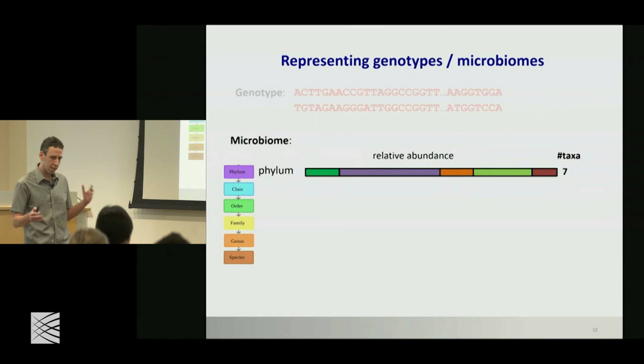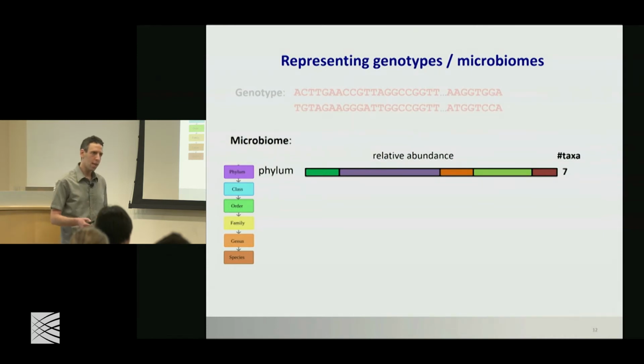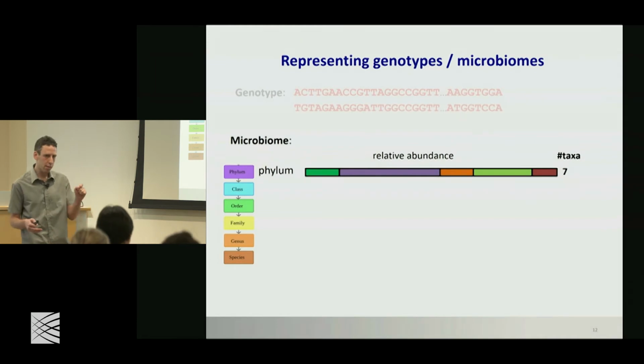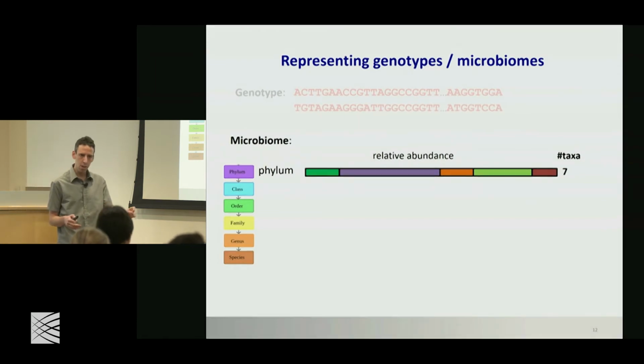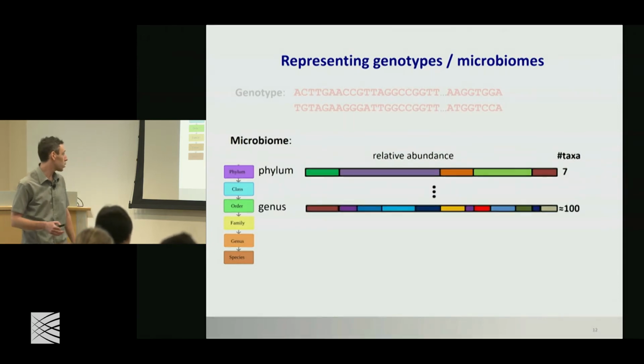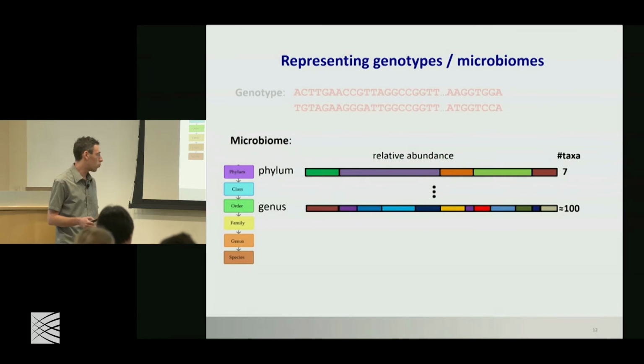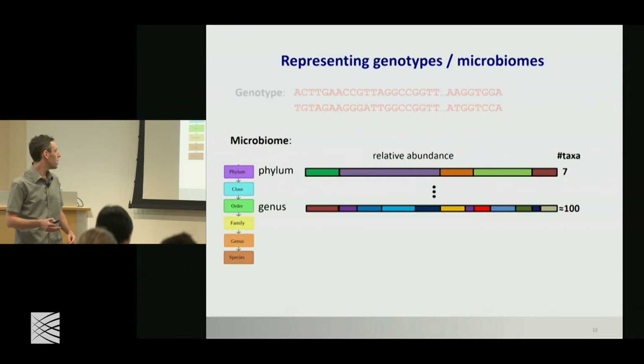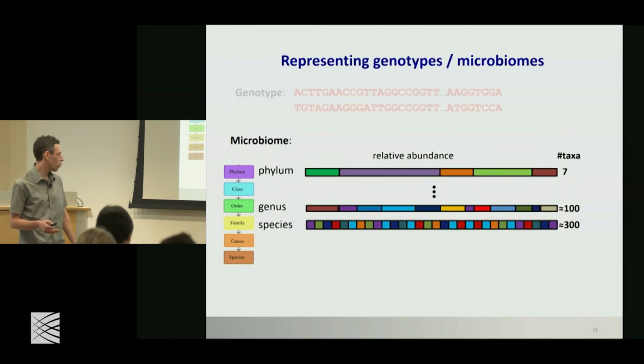And in this project, after filtering, we had about 7 different taxa at this level, meaning that we can represent the gut microbiome of every individual using 7 different numbers. But we can go down to the lower taxonomic levels, and then we can get, for example, to the genus level, which has about 100 different taxa after filtering. And below that is the species level, which has about 300 different taxa.